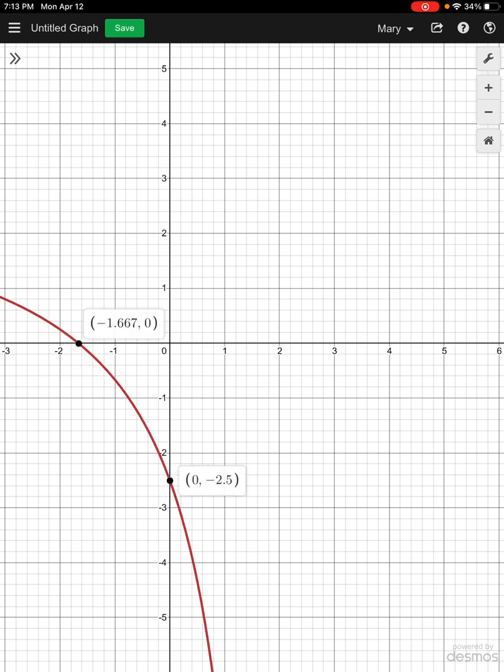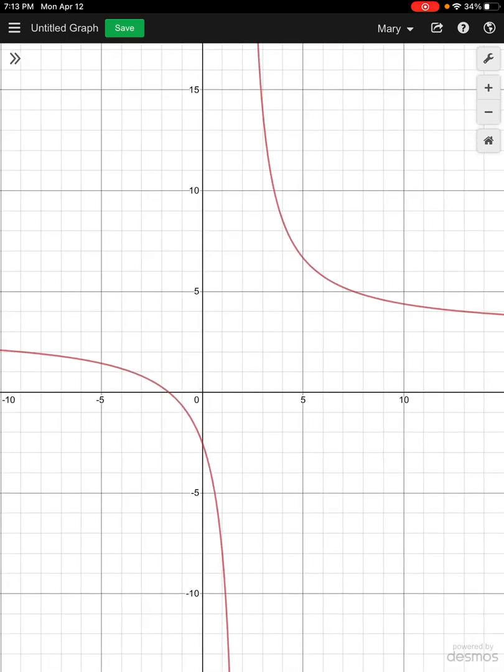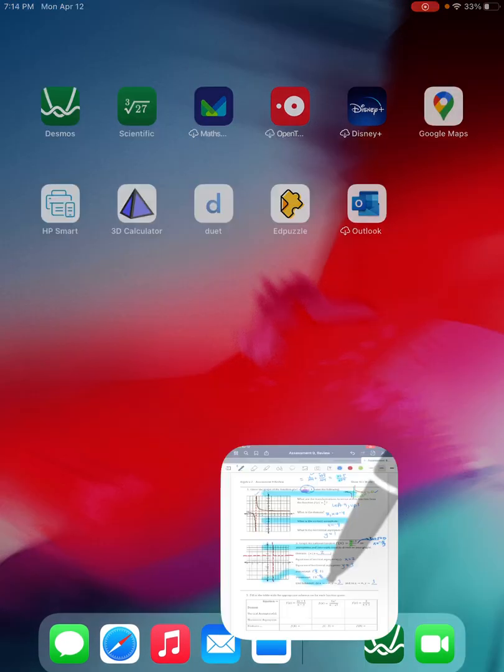You can see -5/3 and 0. And then you can also see the rest of your graph. And so we're going to sketch it based on that. If you want to, you can also graph your asymptotes to confirm those.